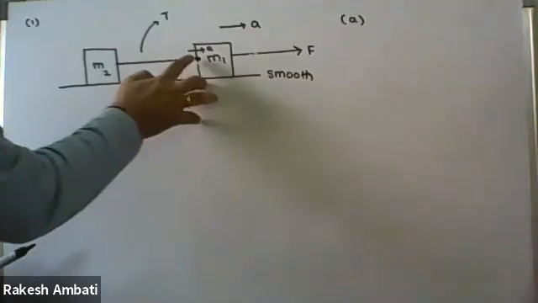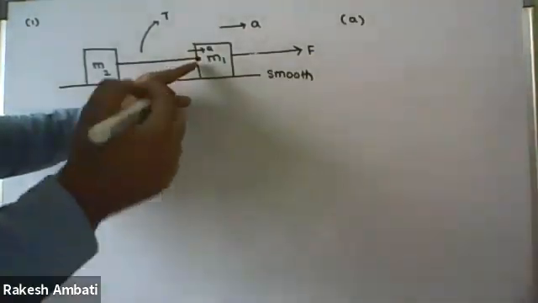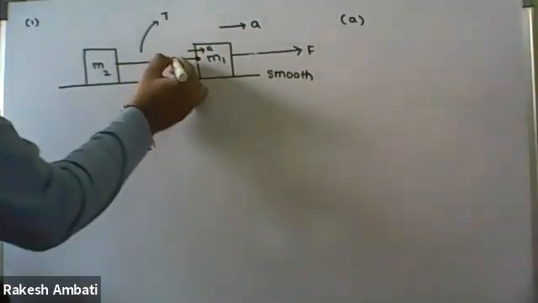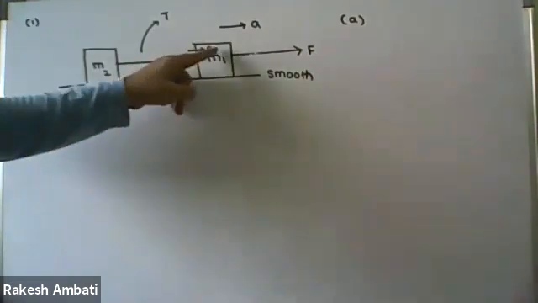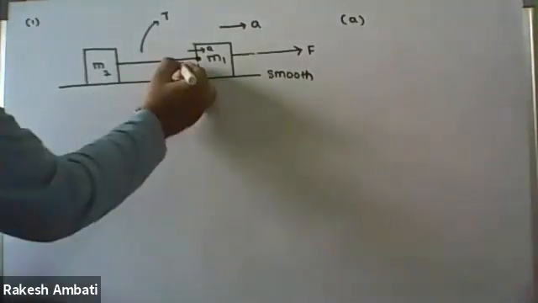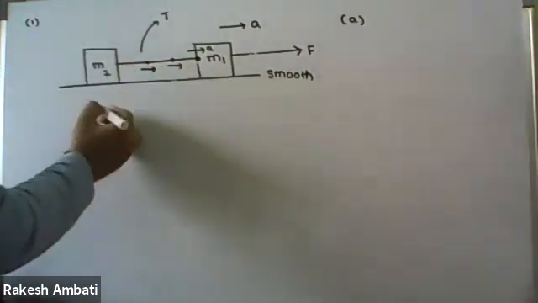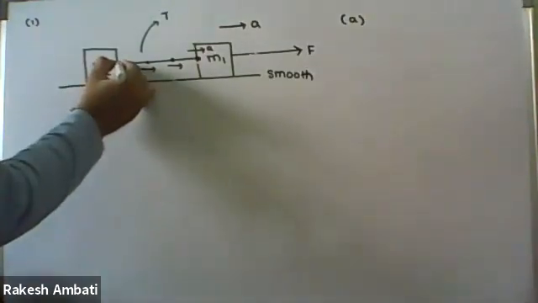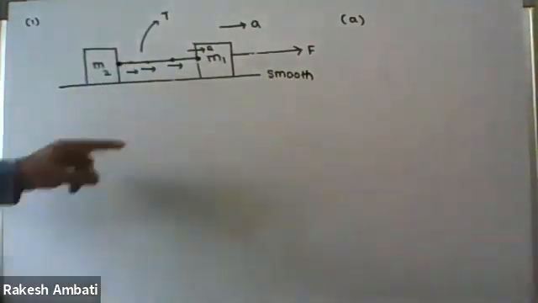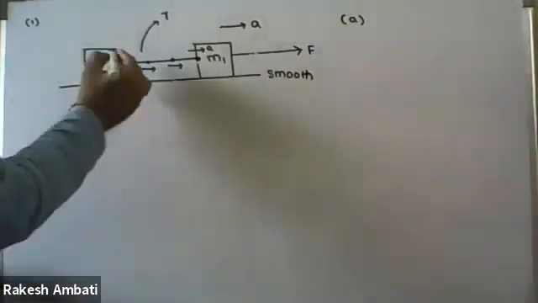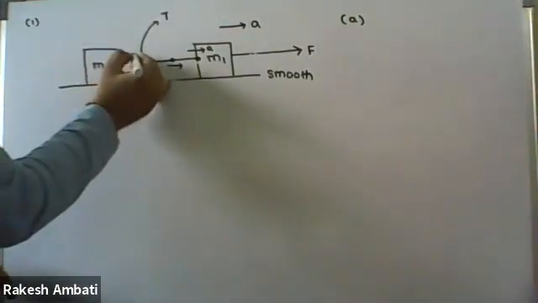This end of the string possesses the same acceleration, and each point along the string also moves with the same acceleration, finally up to this end of the string.